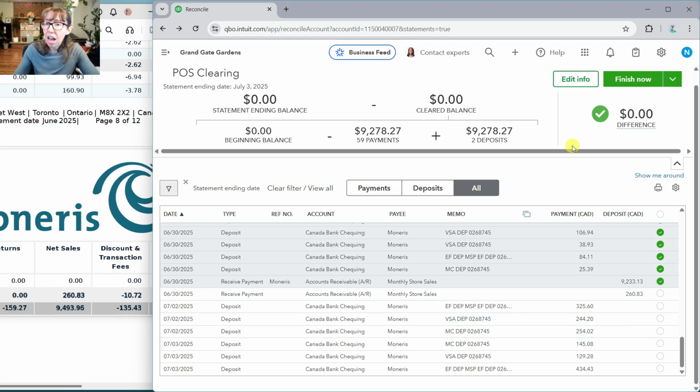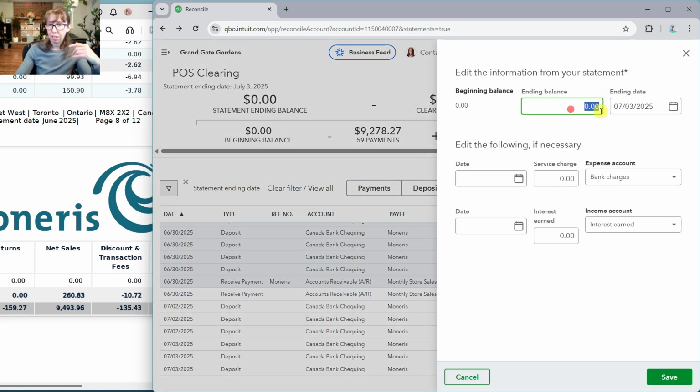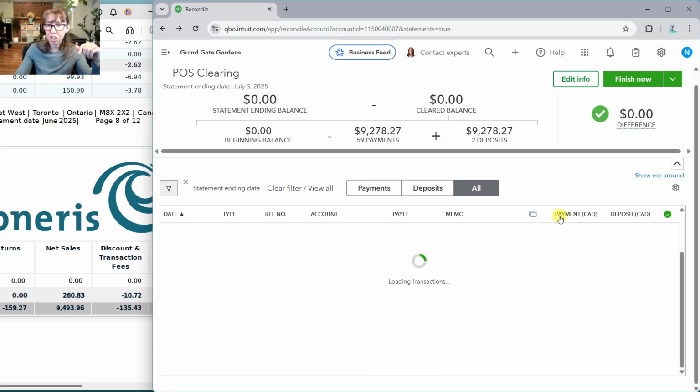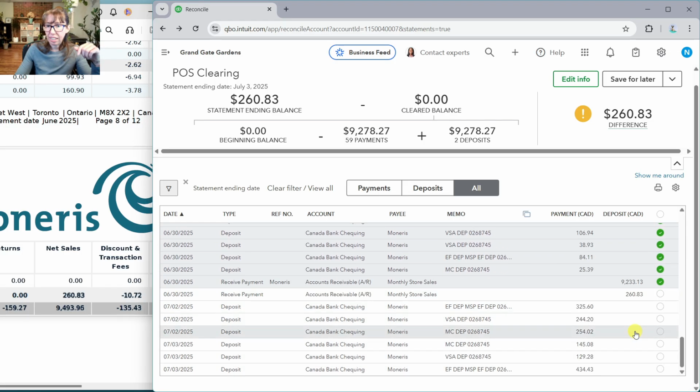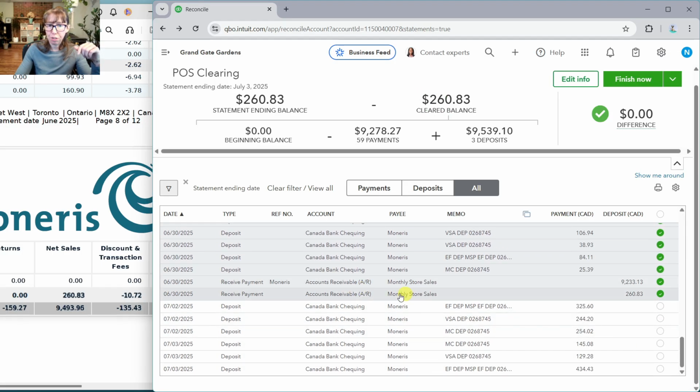So that's a second option in order to deal with when you've got payments going in through July that have some for June and some for July. Generally, for me, it's just easier to put into the info here how much I know is going to be part of the July POS reconciliation, and then I can go ahead and just click off the full monthly store sales, and I know I've accounted for all of it.